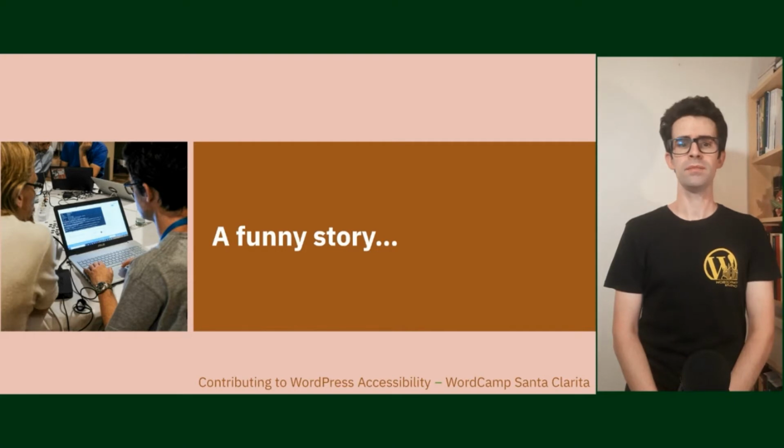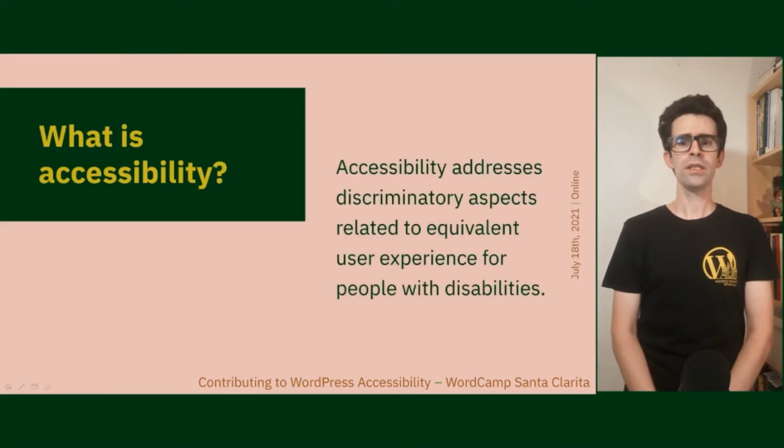Now, before we go a little more in depth into what the accessibility team does, let's quickly review the definition of accessibility. According to the Web Accessibility Initiative, accessibility addresses discriminatory aspects related to equivalent user experience for people with disabilities.